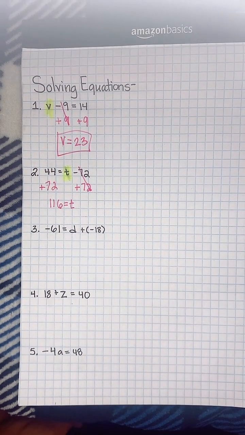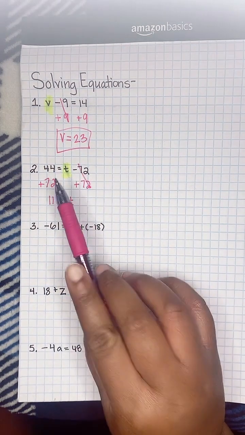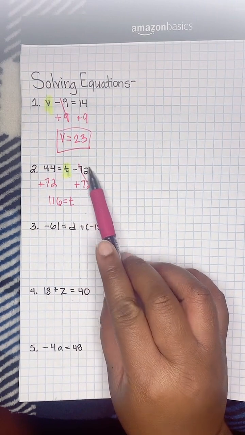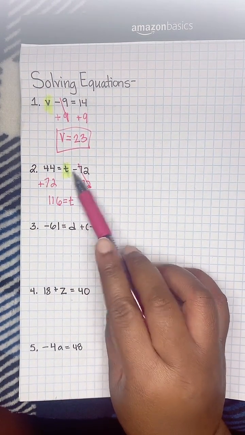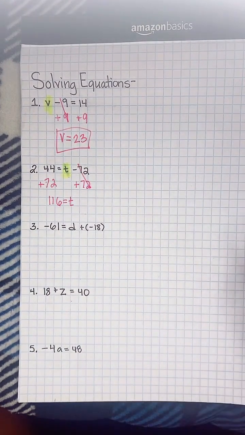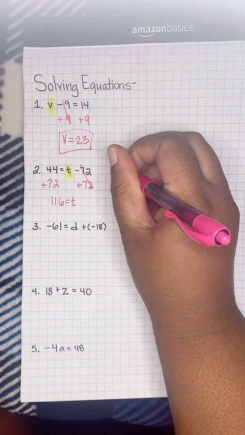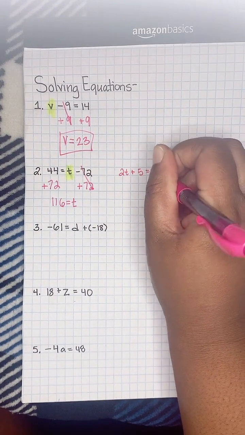Somebody said, I'm doing two-step equations and I'm so confused. Well, good. So this one step really will break down. The difference between 2 steps and 1 step is the 1 step helps you because you're understanding that you always have to move the thing that's with the variable. So let's say we had 2t plus 5 equals 15, right?